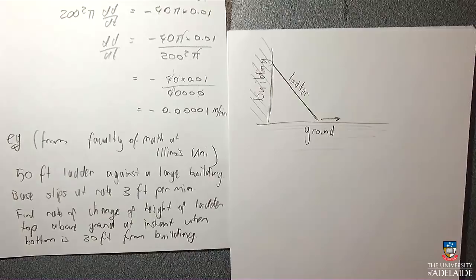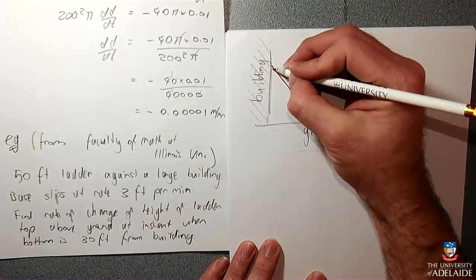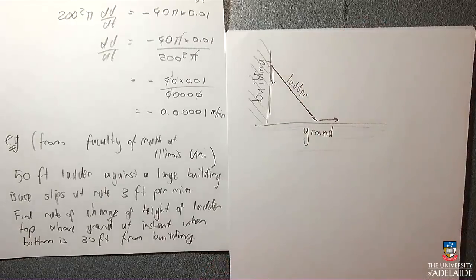So that's the story, and presumably as it slides this way, the top will slide down this way. It would have to do that pretty slowly, actually, in order for the top of the ladder to maintain contact with the wall. Like if it slipped outwards really fast, it would leave the wall. But anyway, it's a maths problem, not a physics problem, so we'll just presume that the top of the ladder goes down like that. Okay, so that's the situation as far as I can see it.